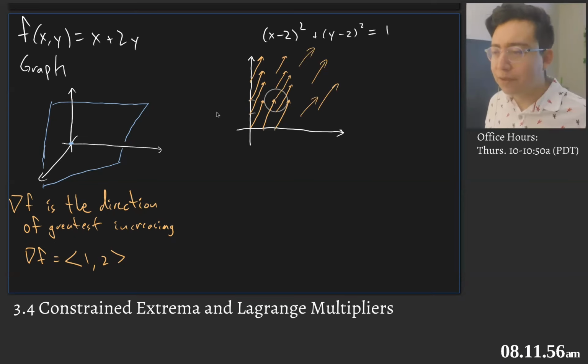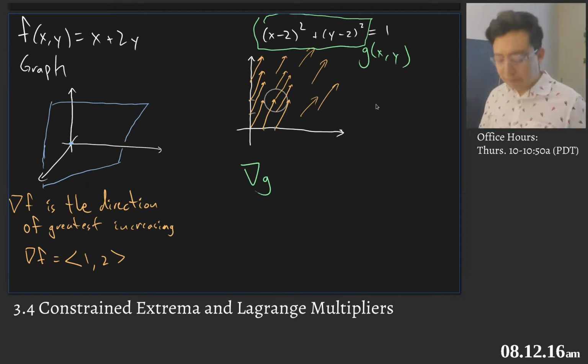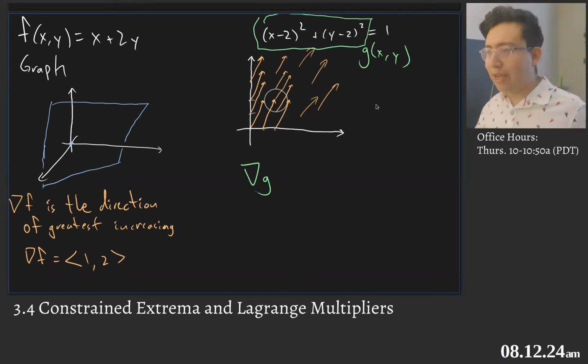Now let's pause for a second and remember, what does the gradient of G represent? Again, if this is G over here, I should use a different color. The gradient of G, where G is this thing over here. The gradient of a constraining function is also the direction of greatest increase, but in this case, when we're thinking of this as a level set, what is the relationship between the gradient at a point and the level set there?